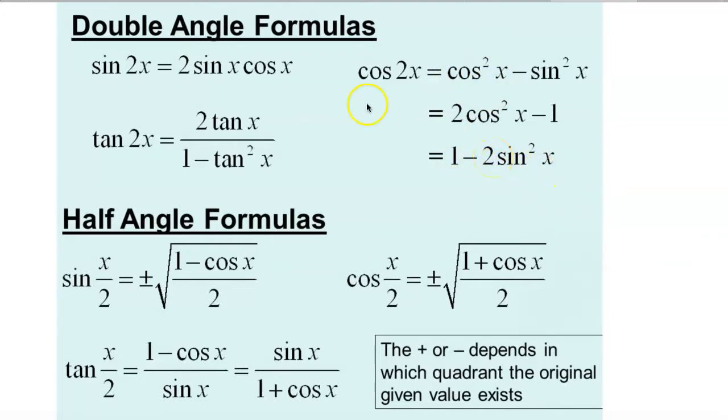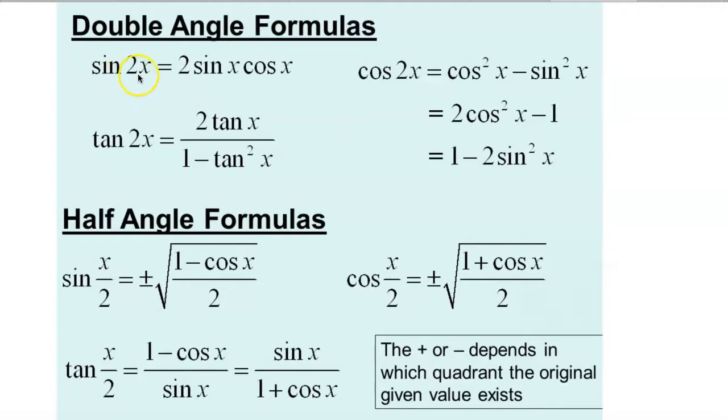Now, in the first place, you may be wondering, where do these angle formulas come from? Or maybe you're not wondering, but in any case, I'm going to tell you. These are from the sine sum, cosine sum, and tangent sum formulas. So we learned that the sine of a plus b is sine a cos b plus sine b cos a.